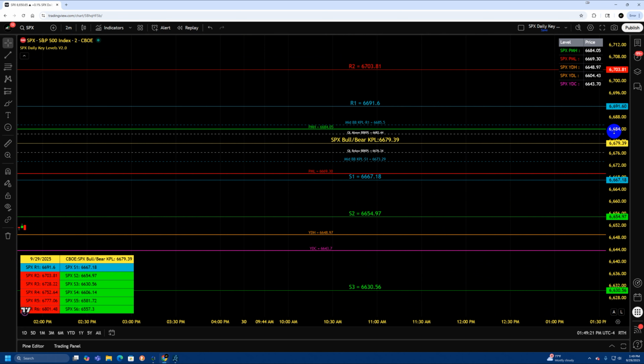The levels that show up as default on startup with this indicator are the PMH, PML, YDH, YDL, and YDC. That's the SPX pre-market high, SPX pre-market low, SPX previous day RTH session high, SPX previous day RTH session low, and SPX previous day RTH session close.